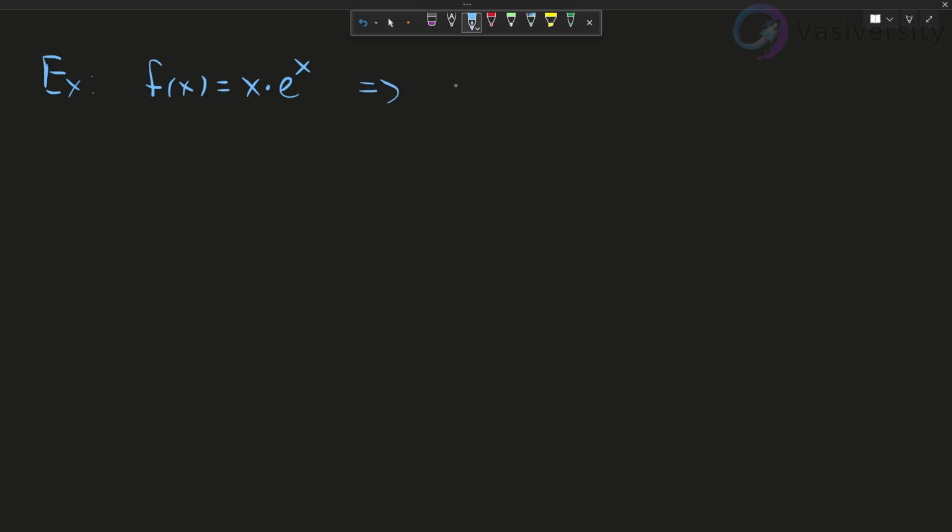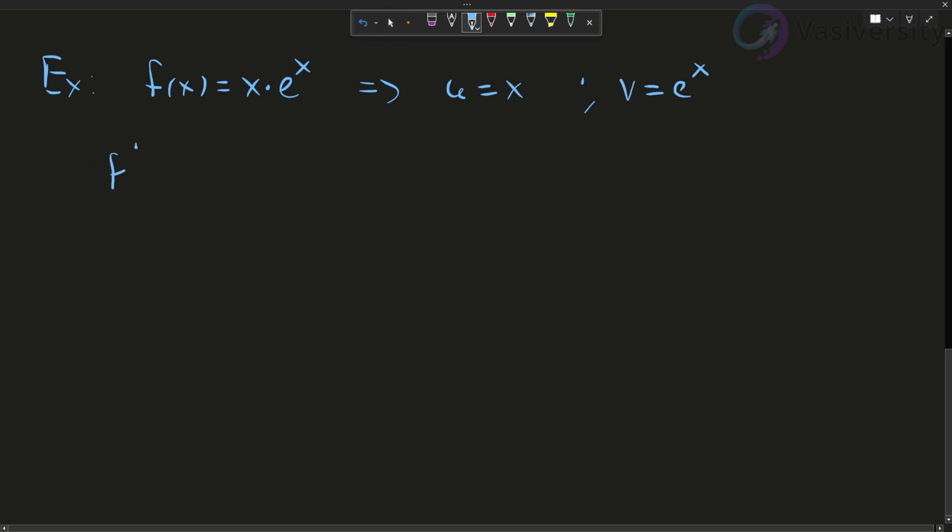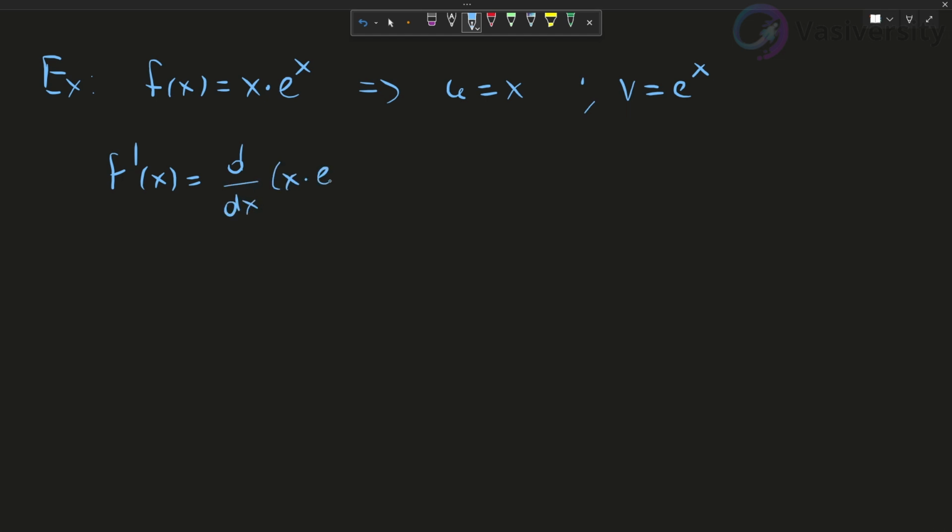So our u is going to be x, and our v is going to be e to the x. Essentially f prime of x is equal to dx of x times e to the x, which is equal to x times dx of e to the x, plus e to the x times dx of x.